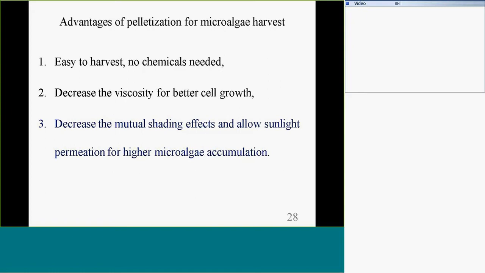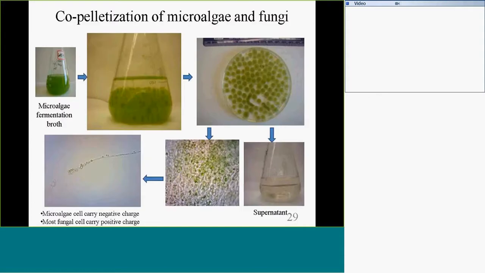It's understandable, right? If the algae are dispersed in the bulky medium, it shades sunlight. When it's harvested by co-pelletization, sunlight penetrates, so the energy utilization efficiency can be improved.